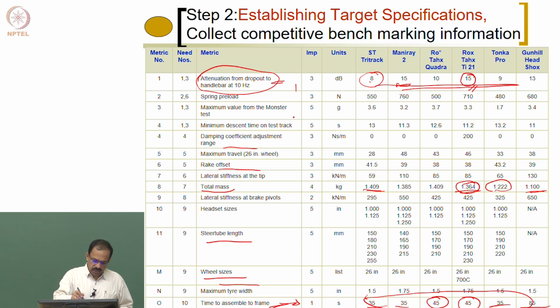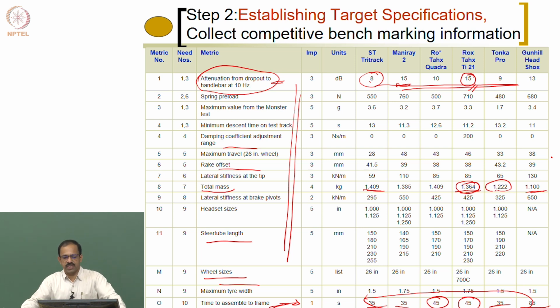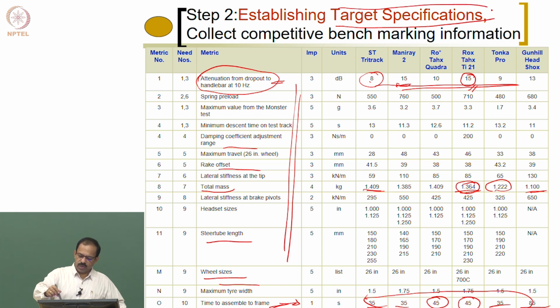Like this, for each metric you will be able to get the values from the competitive benchmarking. So this is known as competitive benchmarking, and based on this you can get the target specification for your product.